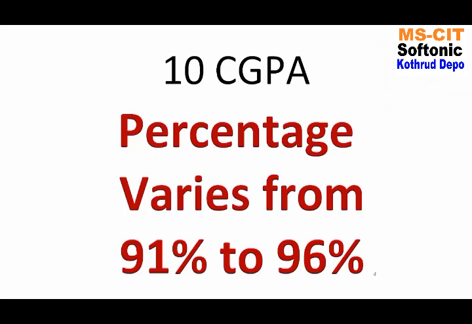Every student's target is to secure 10 CGPA. How does the board calculate that CGPA? You need not bother about it; the board will take care of that. But 10 CGPA doesn't mean your score is 100%.